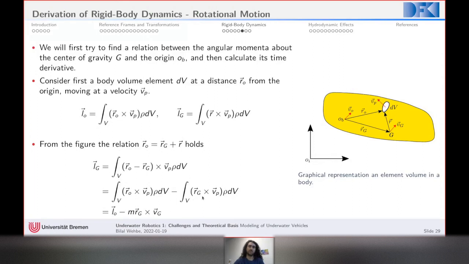And if we do this integral, this becomes independent because RG is a fixed vector. If we do the integral of this velocity multiplied by rho, the density of the body, times this element volume across the whole volume, then we will just get the mass. And then these values just hold.